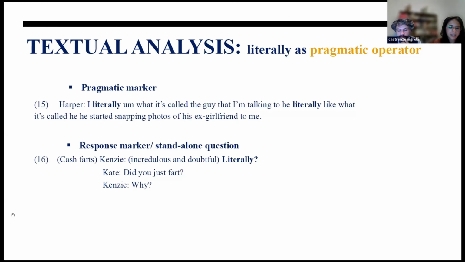Here the question literally expresses incredulity and doubt, similar to seriously or really, referring to an unexpected action performed by Cash before. Notably, in this context, there is no reference to anything literal in the utterance, and the lexical meaning of literally is entirely bleached.